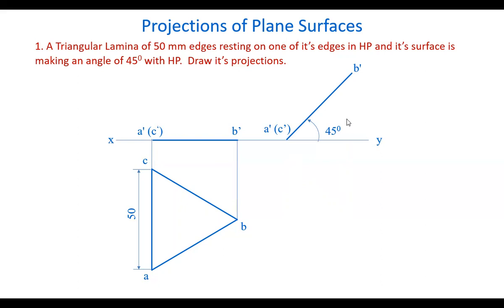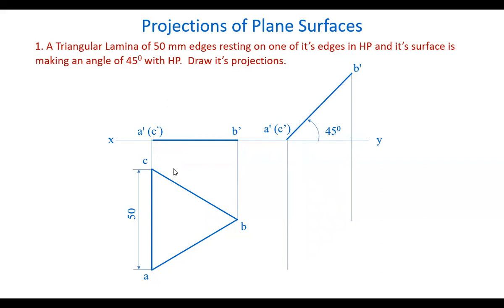So let's draw projectors from all the points A, B, C. Now, when you are lifting this in the front view, we are able to see that this line is lifted and is making an angle. That is, this surface is making this 45 degrees angle with the HP. In the top view, the points are at the same distance in front of VP.